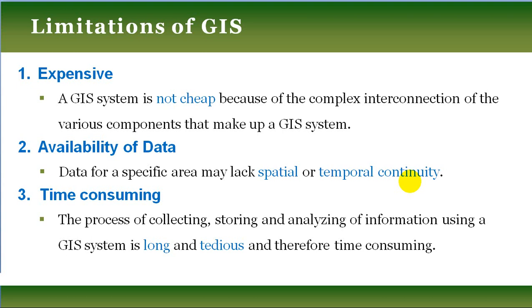Initially there is a huge cost, but no profit. But once the GIS system is ready, then definitely cost is less, and you will get more and more benefit from it. So initial cost, initial time you have to spend, and that is another disadvantage of GIS we can consider.